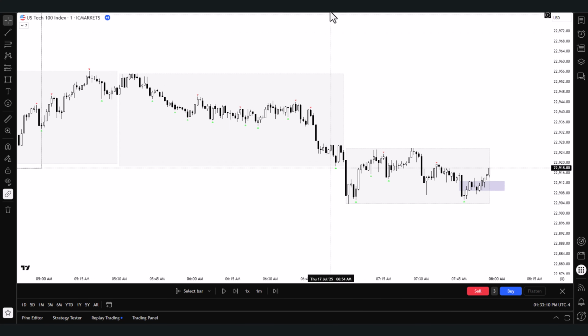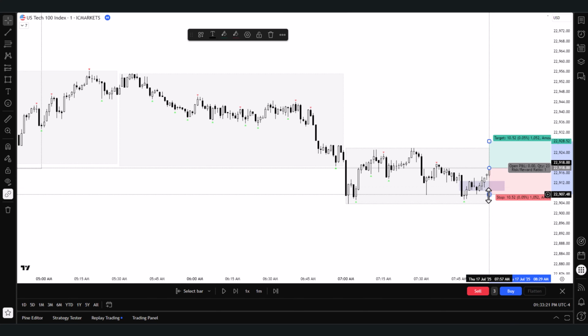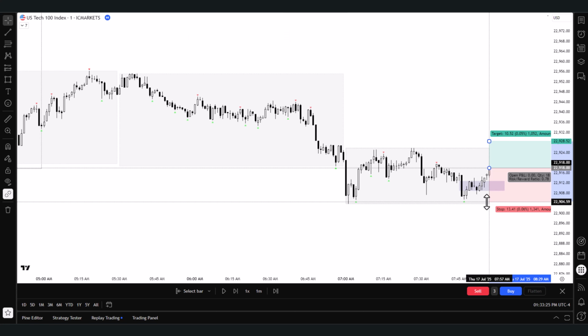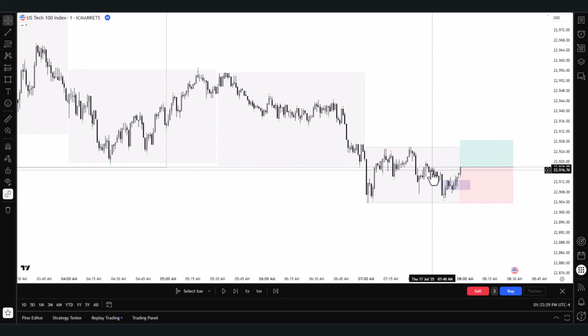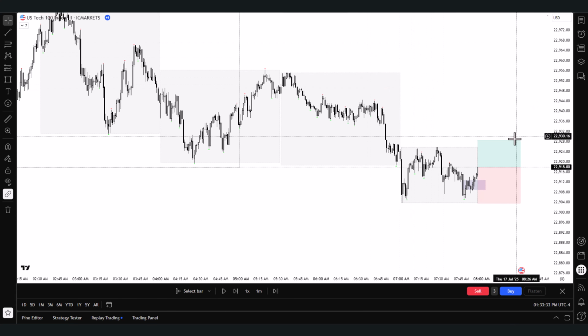So we can place a limit order here, or if we don't want to miss any trade, then we can instantly place an order here. SL is just below this low. Give some space for spread. TP is our opposing 90-minute cycle's high.